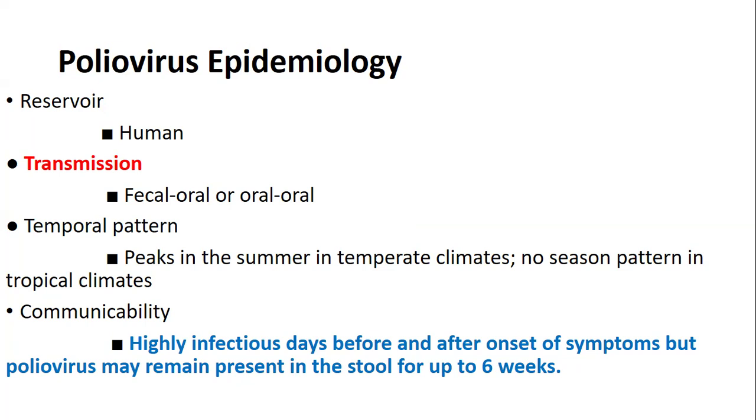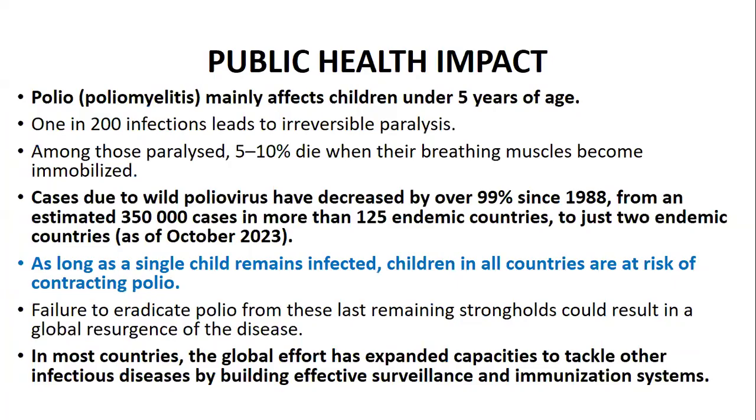Communicability: it is highly infectious in the days before and after the onset of symptoms, but poliovirus may remain present in stool for up to 6 weeks. Meaning it can spread from the infected stool for a period of up to 6 weeks.